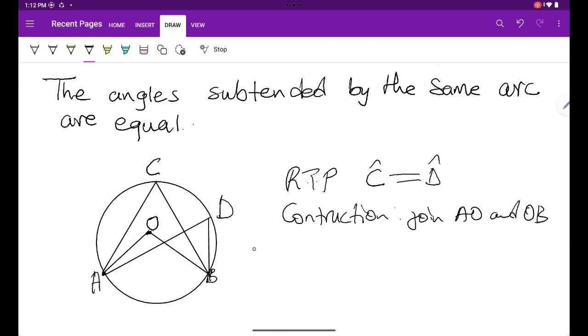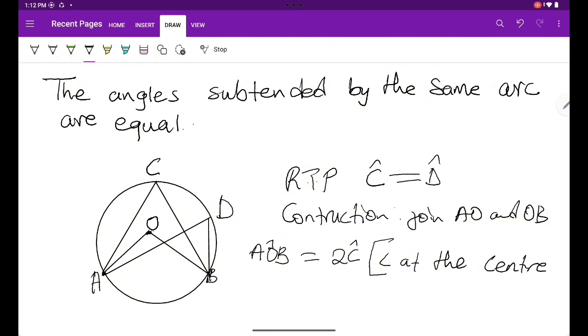So we simply say angle AOB equals 2 angle C. It's twice C. The reason is the angle at the center theorem.